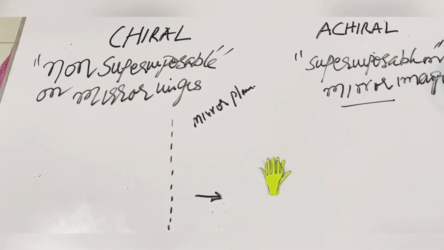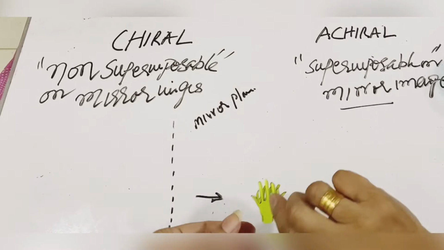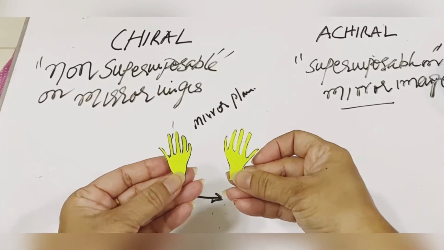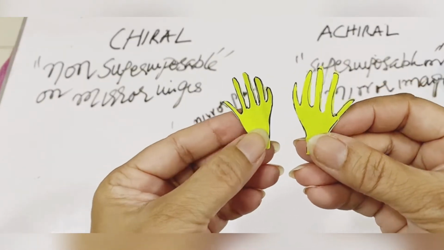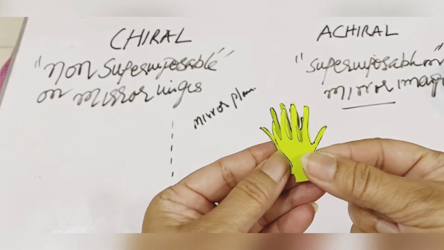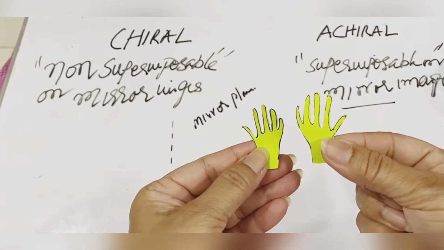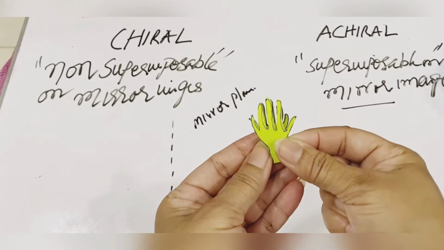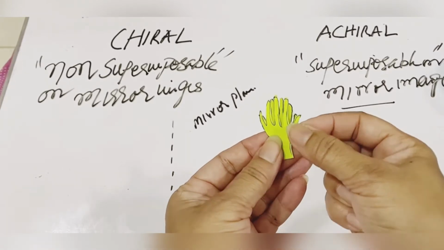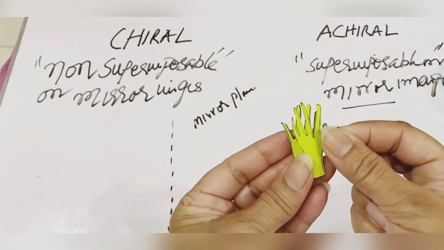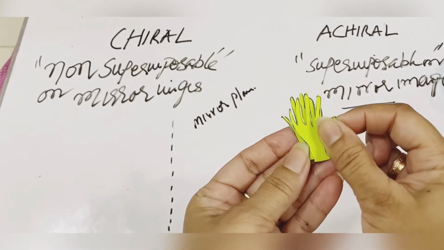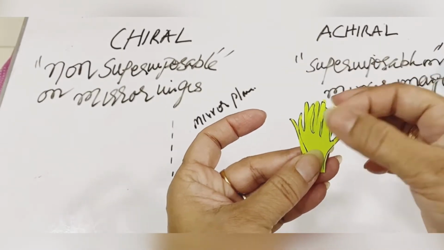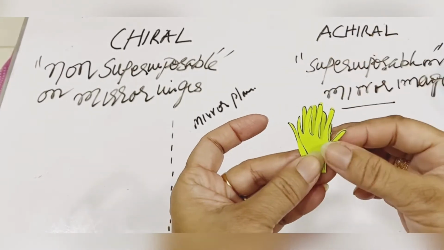And this is the first example of a chiral object, the hands. See the beautiful hands and see how you're going to superimpose them. No, they can't be superimposed, right? They are not at all coinciding. The thumbs are on the opposite sides. The index fingers are on the other opposite sides.